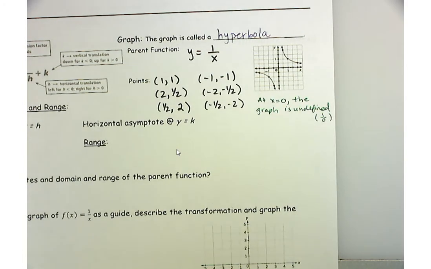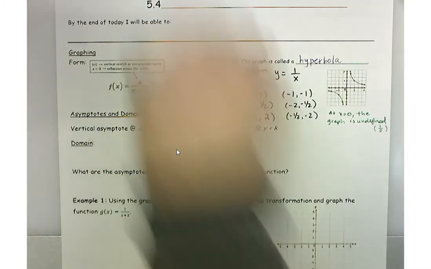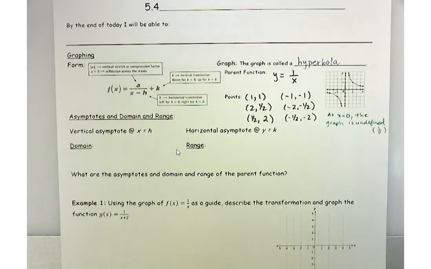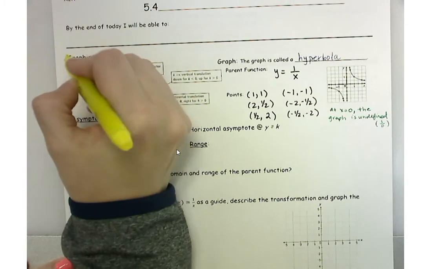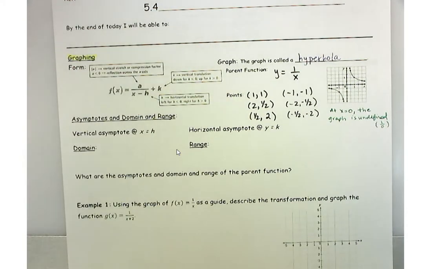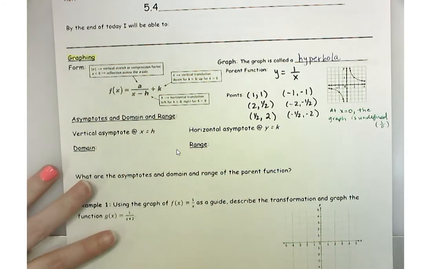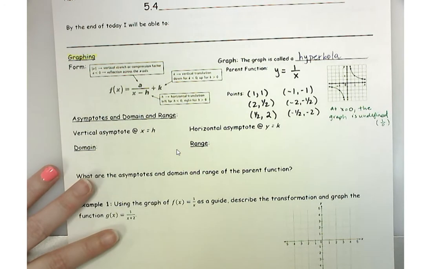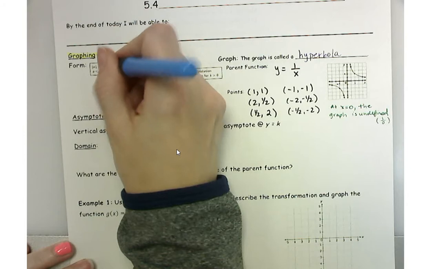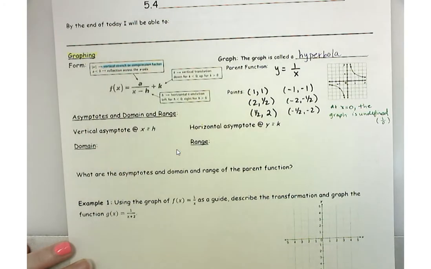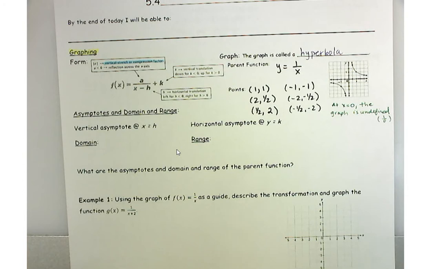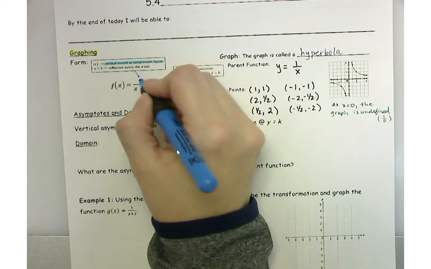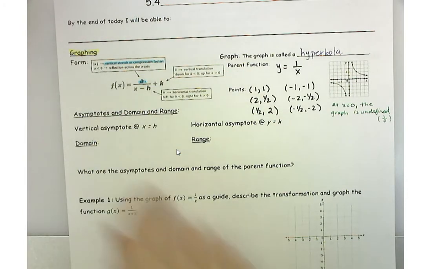Okay, so let's go back here and refresh ourselves with the transformation rules. The value on top is called your A value. If that A value is not 1, that is going to be a vertical stretch or compression. That's your value of A, your vertical stretch or compression. If the A value is negative, that means it's a reflection.